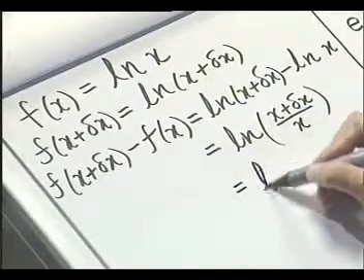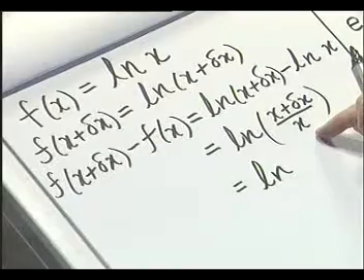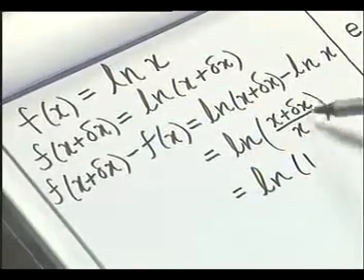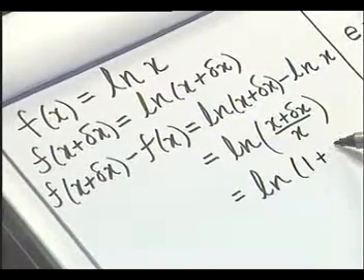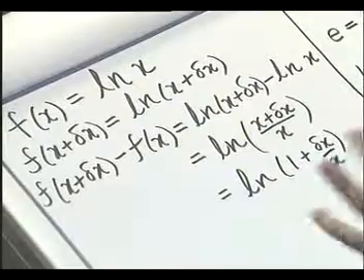And because I know where this is going, I want to simplify this a little bit more. I'm going to recognise that within this bracket here, we've x divided by x, which is just 1, and we've delta x divided by x. Okay, so just a bit of tidying up there.